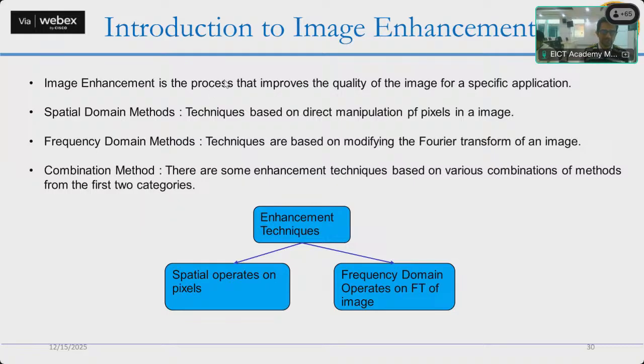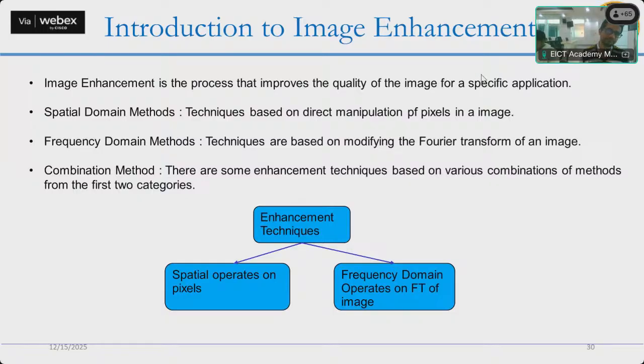Enhancement is a process that improves the quality of the image for a specific application. Remember, enhancement can be defined only when you define a context. That's why we are saying it is for a specific application; you can't generalize enhancement for all.